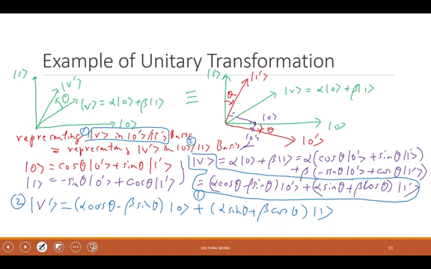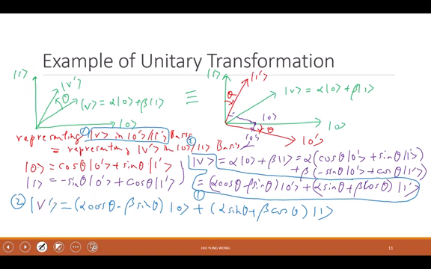Because I showed you that the original V in the 0 dash, 1 dash system is this, it's the same as the new V dash in the old 0, 1 system. That's why this V dash in the old system should be like this.